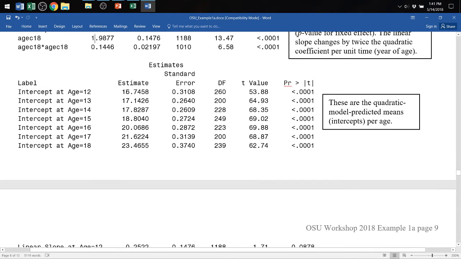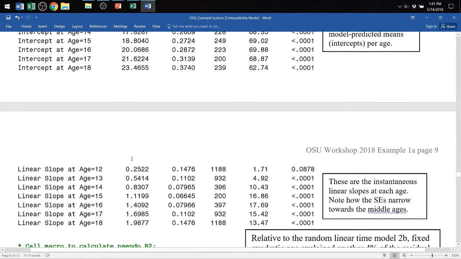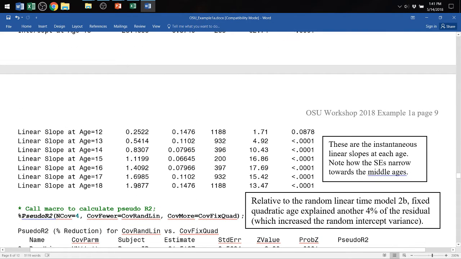So here's the predicted outcomes from the model, and here are the predicted linear slopes at each age. Each of these then differs by exactly that 0.28, twice the quadratic. So at age 12, they weren't increasing significantly on average per year.